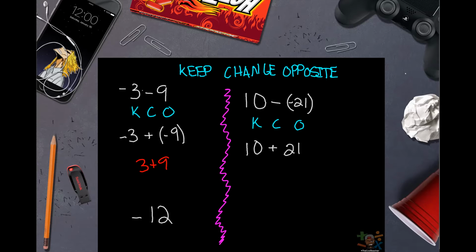Now, if you're asking, why didn't these two negatives make a positive over here on the -3 minus 9? These didn't make a positive because they're not right next to each other. If these were right next to each other, then that would have happened. If I look at my problem over here, 10 minus negative 21, these two negatives are right next to each other, even though they're separated by parentheses.